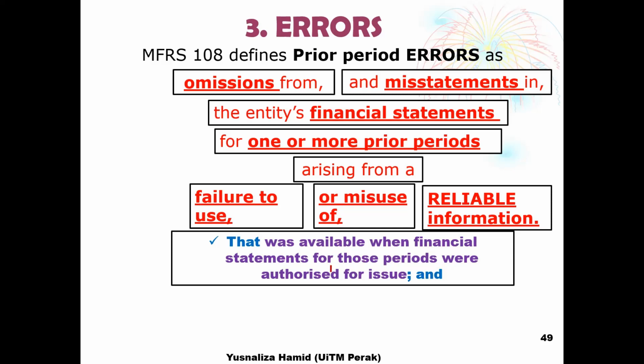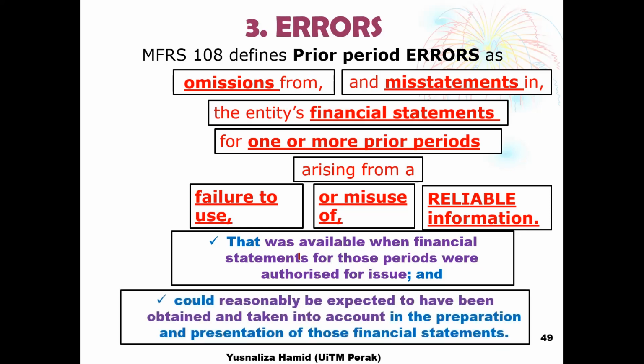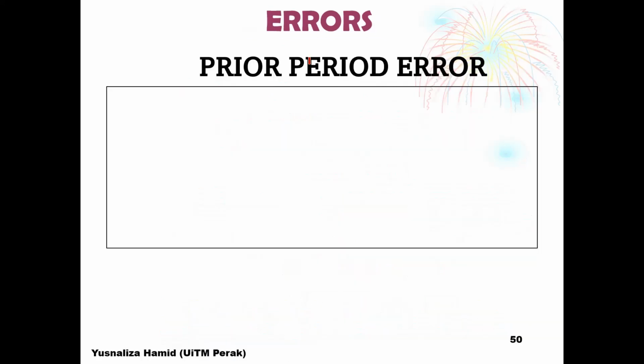The information was available and could reasonably be expected to have been obtained and taken into account in the preparation and presentation of those financial statements. So the definition relates to prior period errors.